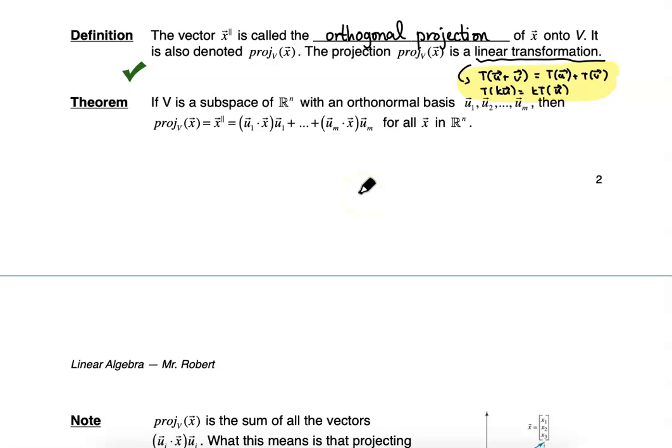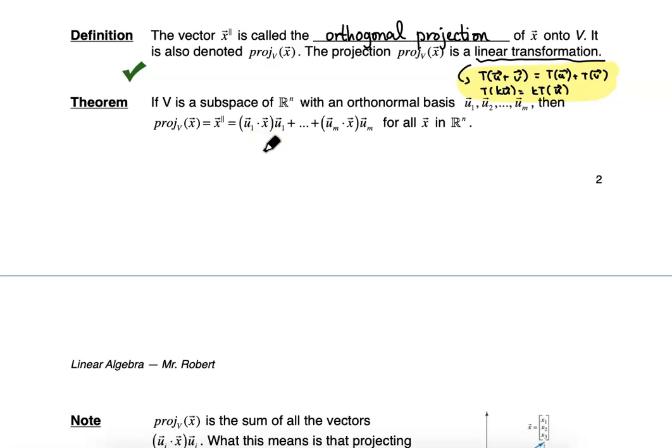Alright, one theorem now. If V is a subspace of Rn, V has m dimensions, and the basis of V is u1, u2, etc. to um, so m is smaller than or equal to n, then if we want to find the projection of a vector x, we only need to do the dot product of each of the basis vectors in the subspace V with vector x, which is why it's so useful to have an orthonormal basis.